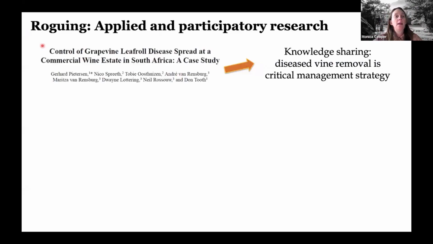So when we think about roguing, a couple of things were really important to helping growers in Napa understand its importance. One of those was spying on neighbors. In this case, these neighbors were in South Africa and also in New Zealand. Growers and regions there who were removing vines were having success stories, and they were sharing that information with us here, mainly because people like Gerhard and Von Bell were coming to California and talking about the successes they were having.